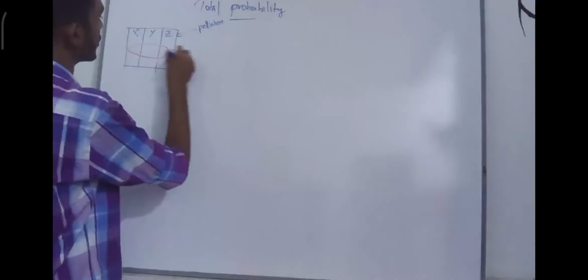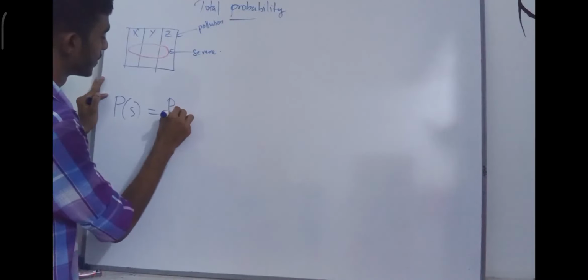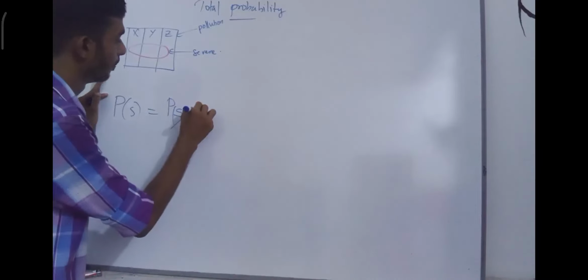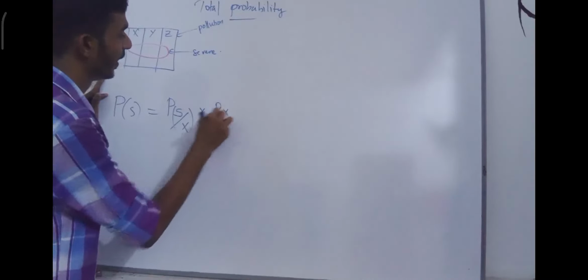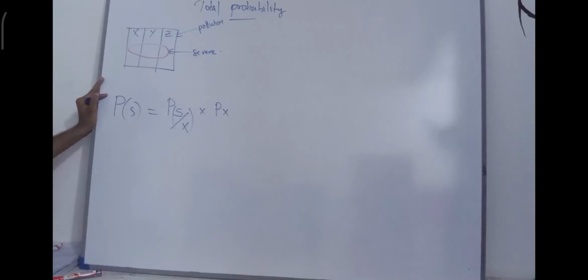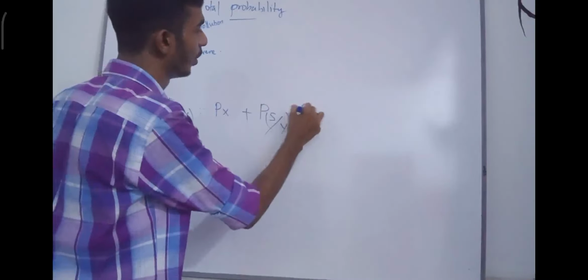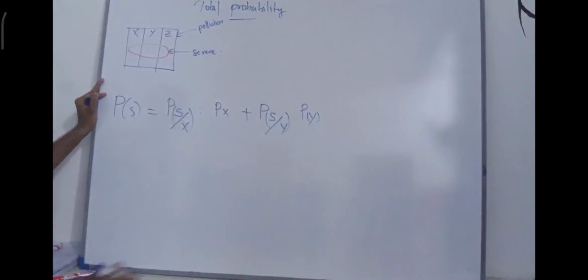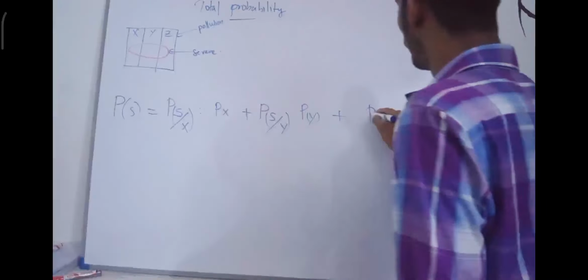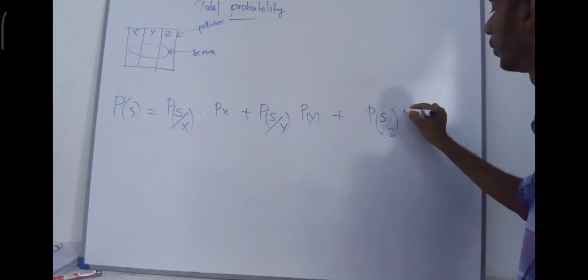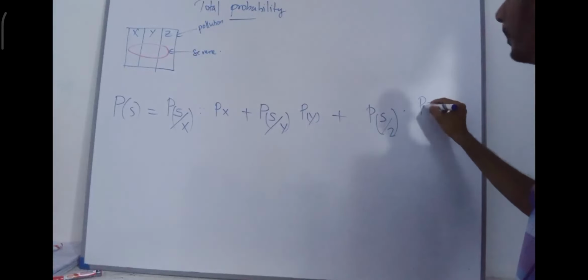That is equal to the probability of severe pollution when the city is X into the probability of X, plus the probability of severe pollution when the city is Y into the probability of Y, plus the probability of severe pollution when the city is Z into the probability of Z.